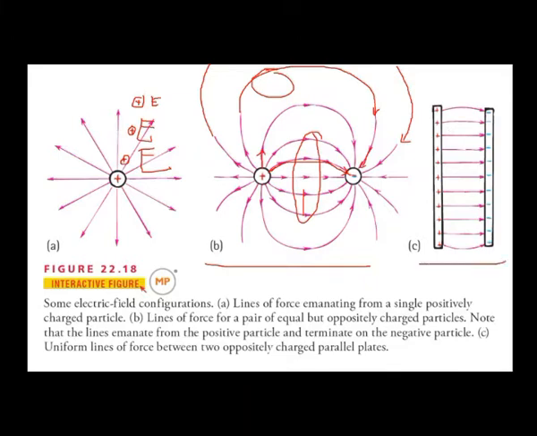And this one is an arrangement of electric fields of two plates of opposite charges. The charges are arranged uniformly, so you would expect their electric fields to also be uniformly arranged.